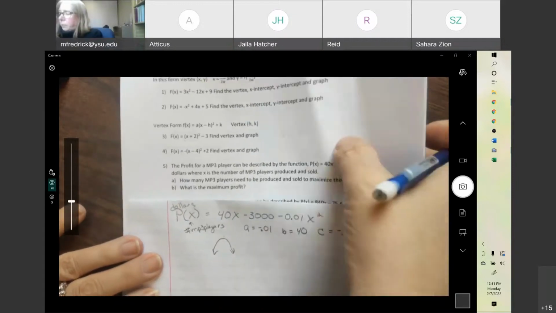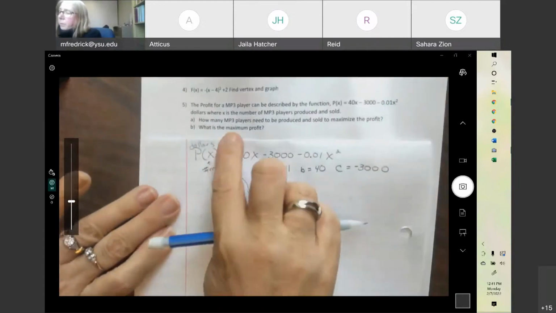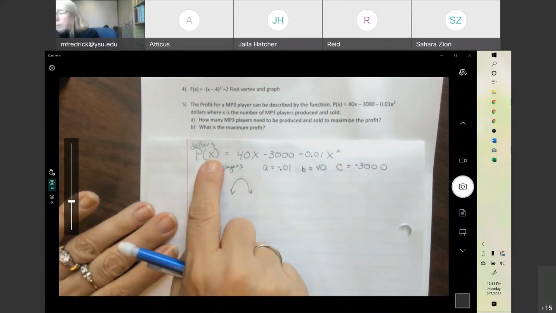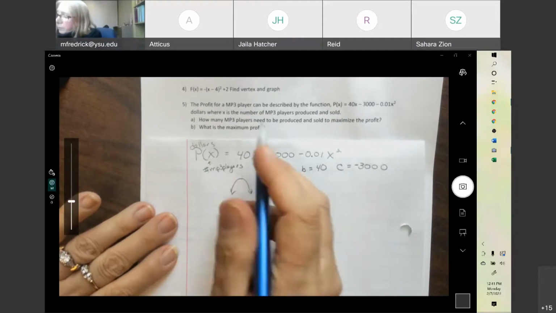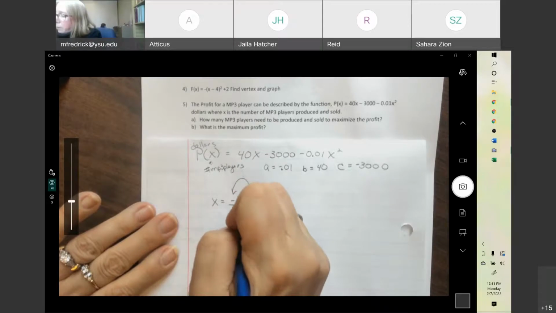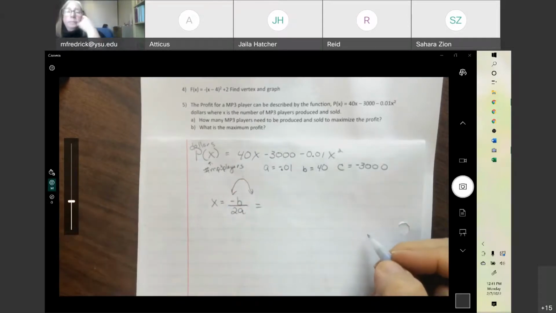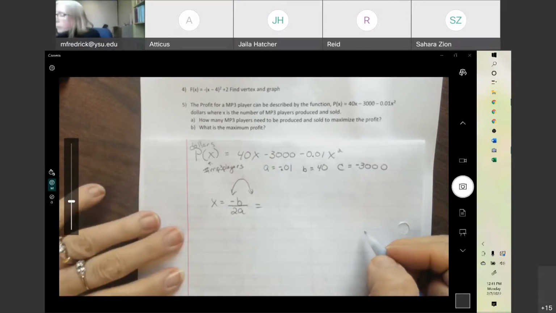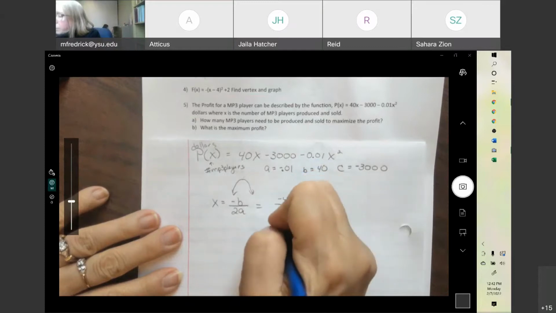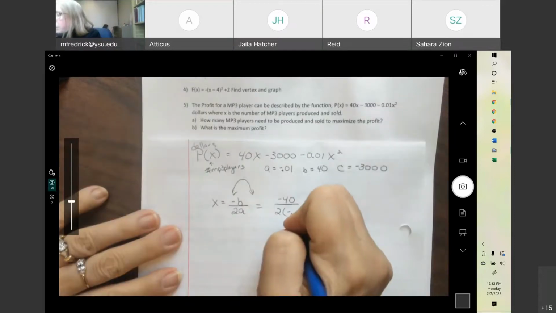If we look at the first part, how many MP3 players are needed? MP3 players are the X value. And since we want the vertex, X is negative B over 2A. B is 40, so it's negative 40 over 2 times A, which is negative 0.01.